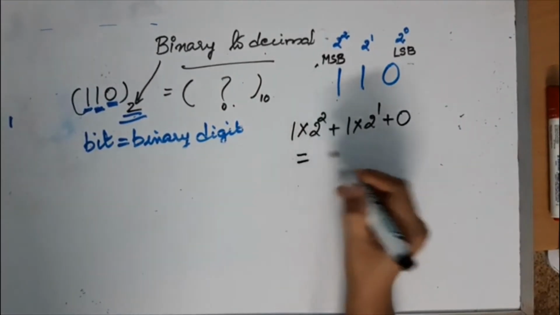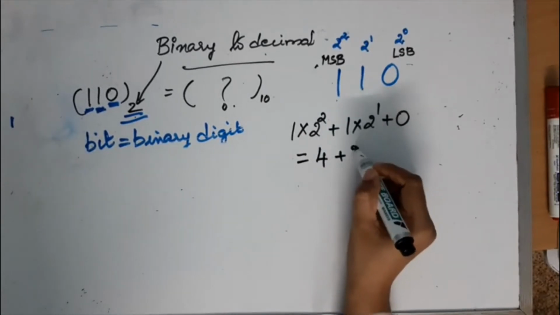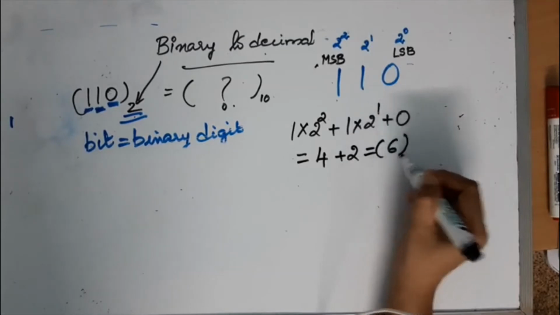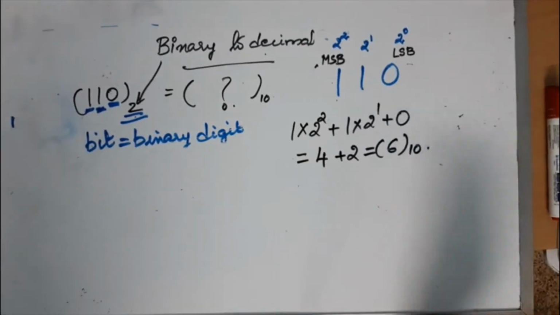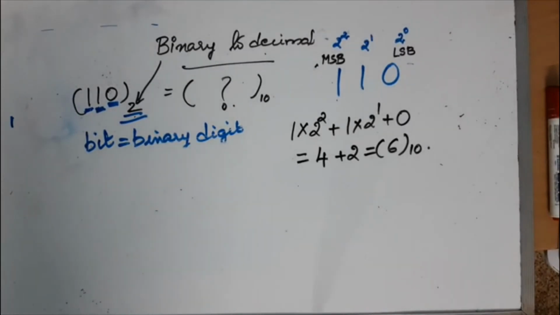So 2 raised to 2 is 4, plus 2, plus 0. So that is 6 to the base 10. So the value of 110 to the base 2 is 6 to the base 10.